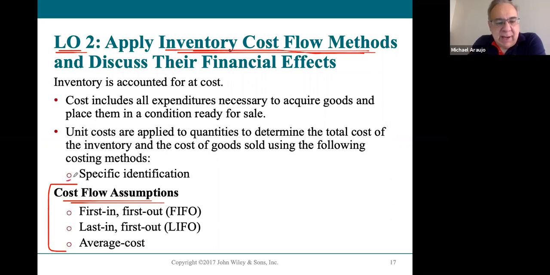There is a legitimate cost flow assumption called specific identification, but we don't cover it in this particular class, and it's not widely used by many businesses, maybe 10% of businesses. We're going to be focusing on what most of the businesses do.